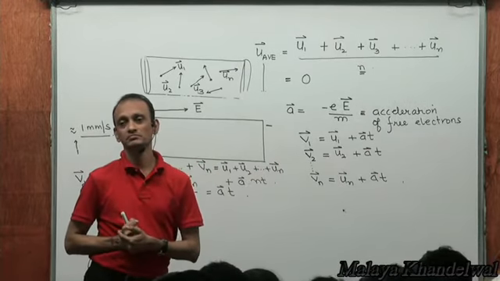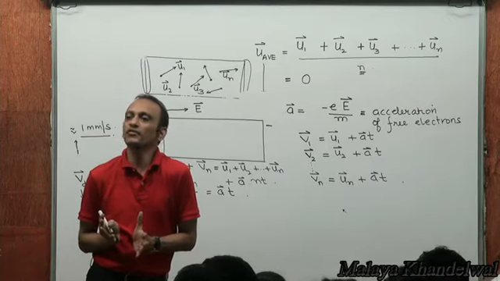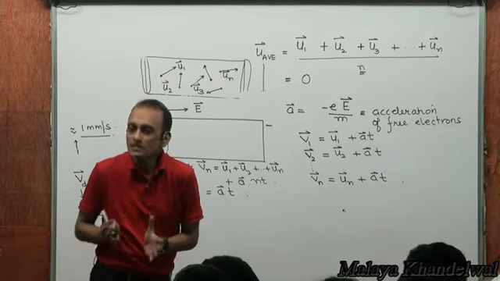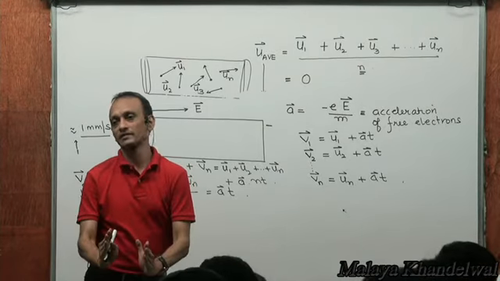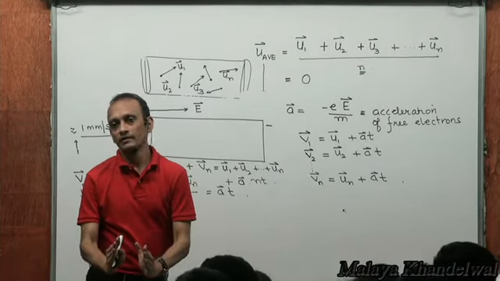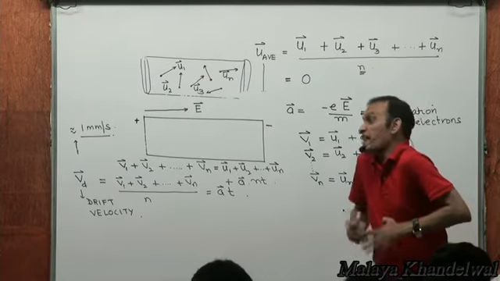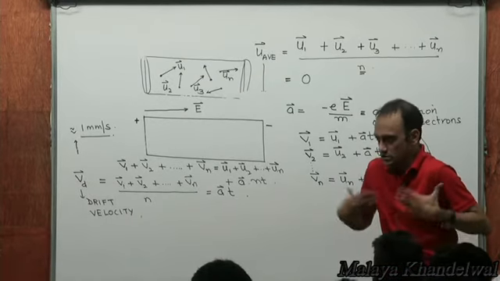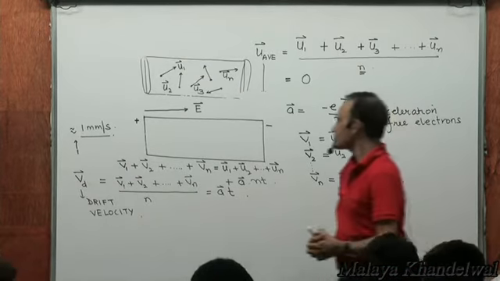These are the velocities resulting t seconds after an electric field is applied. This is the average velocity of free electrons after the matter is subject to a uniform electric field, right?